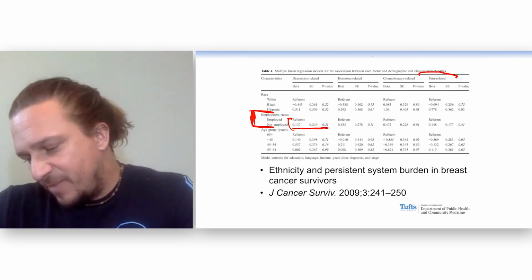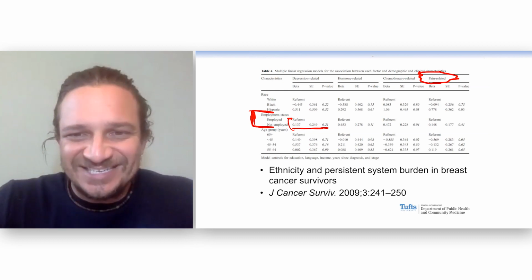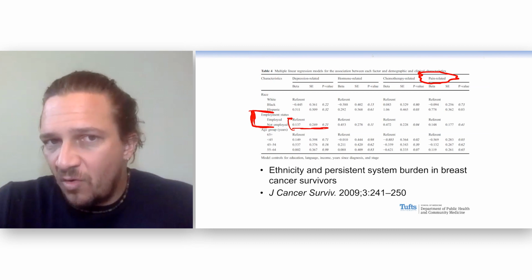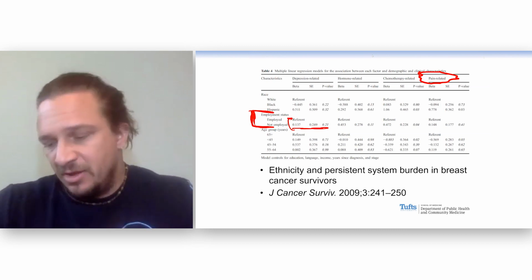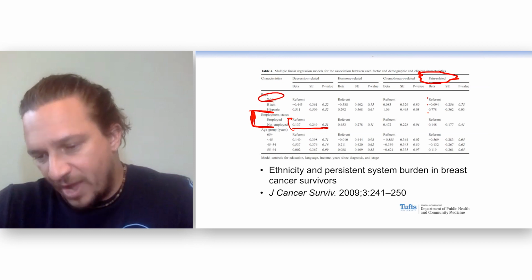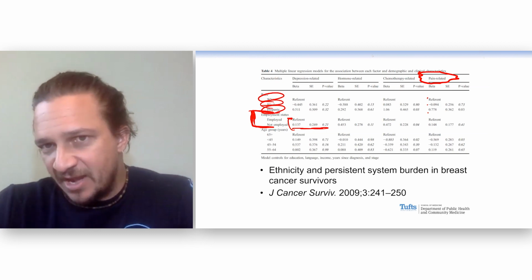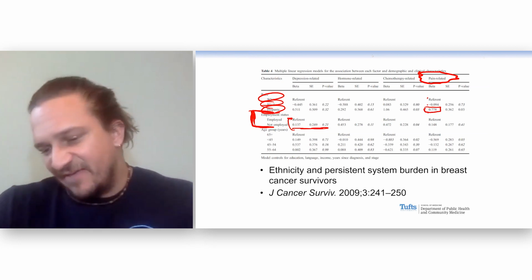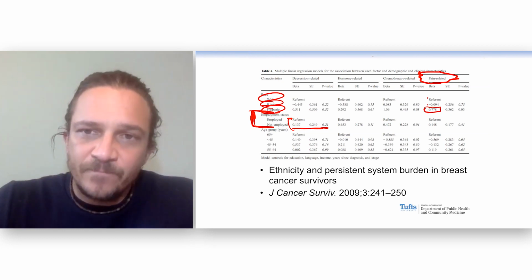Here are data on pain-related symptom burden in breast cancer survivors. What is the role of race ethnicity? Well, we have a multi-level categorical variable, white, Black, and Hispanic. Here, let's look at this number, 0.778.